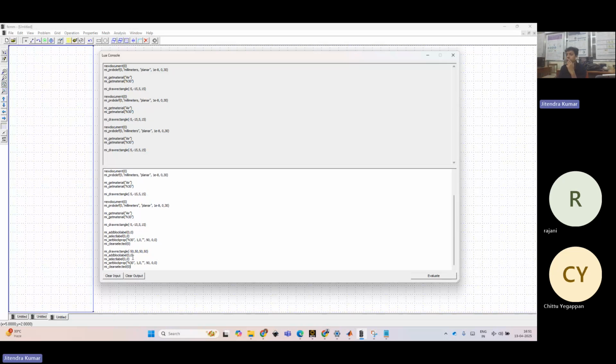Let's suppose this is 30, 30. So beyond 30, so 40, 40. Yeah, you provide air at 40, 40, right? So add a block label at 40, 40. 40 should be within the range.